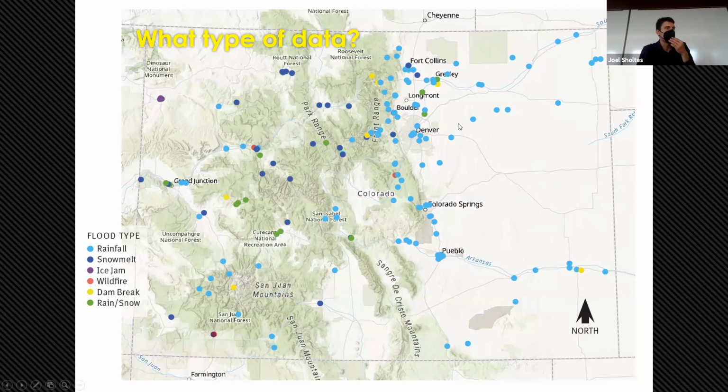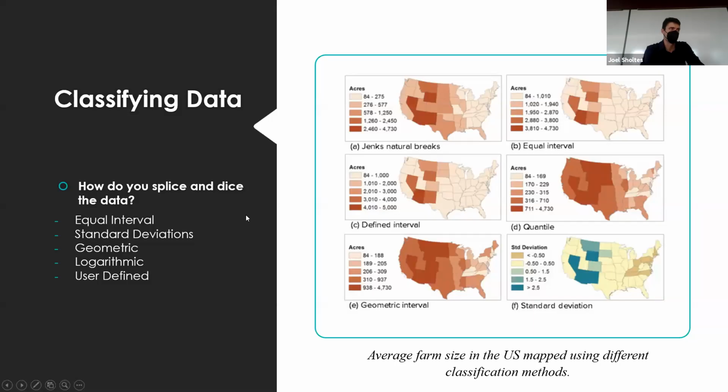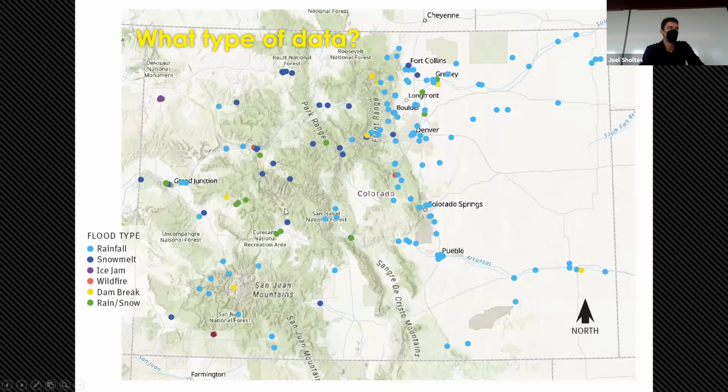So most of the floods in Colorado are from rain. We do have some snowmelt floods. More and more we're getting wildfire floods. Every now and then we get a little dam break. That's exciting. There was a bunch of avalanche that brought a bunch of wood down in that area, and they were worried that there would have been a dam break.